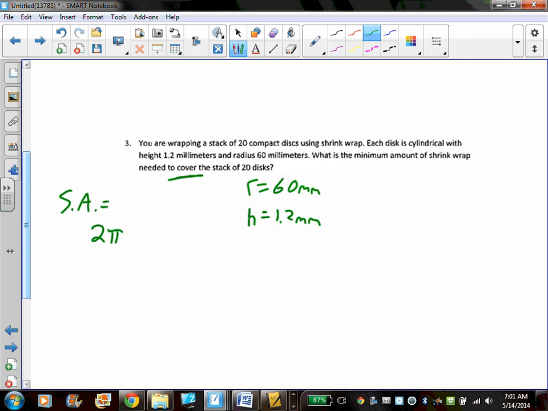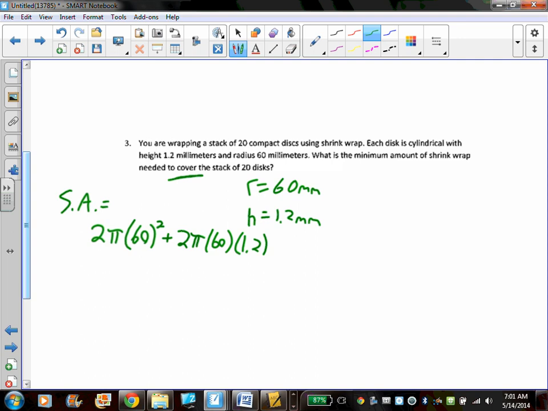It's basically 2 times the area of the circle, so that would be pi times 60 squared plus the circumference times the height. 2 pi times 60 times 1.2. So let's just enter that all in at once. 2 times 3.14 times 60 squared plus 2 times 3.14 times 60 times 1.2.